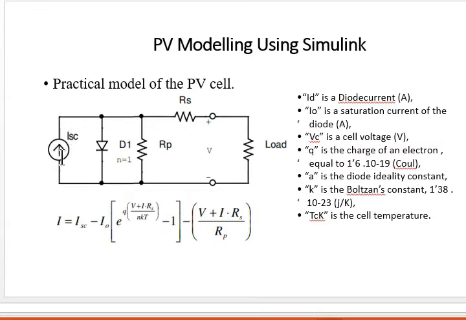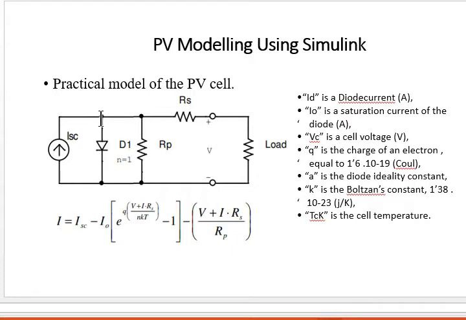This I short circuit is the ideal current of a PV module. We can also call it the photovoltaic current. The reverse diode is connected in parallel with the PV source, and current ID will flow through it. This is the shunt resistance, this is the series resistance, and the load is connected here. Here are some parameters.